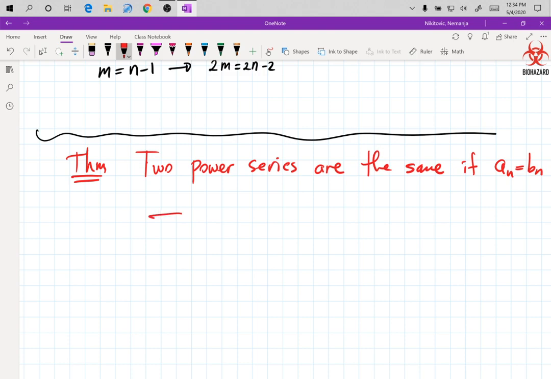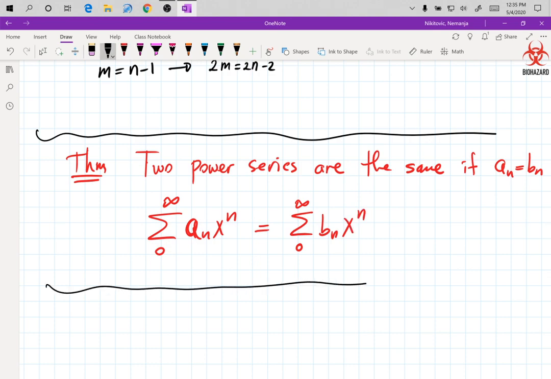So we have the summation from 0 to infinity of a_n x to the n equals the summation from 0 to infinity of b_n x to the n. I'm really not sure why this needs to be stated, but yeah.